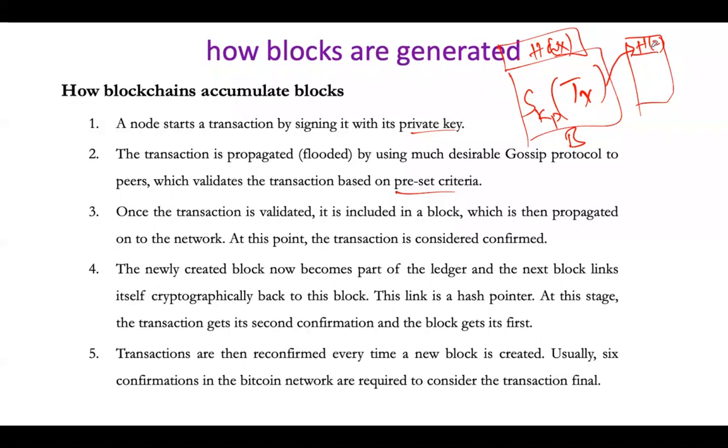Usually 6 confirmations are required in the Bitcoin network to consider the transaction final. So here step 4 and step 5 can be considered non-compulsory, as the transaction itself is finalized in step 3. However, the block information and further transaction reconfirmation are then carried out in step 4 and step 5.